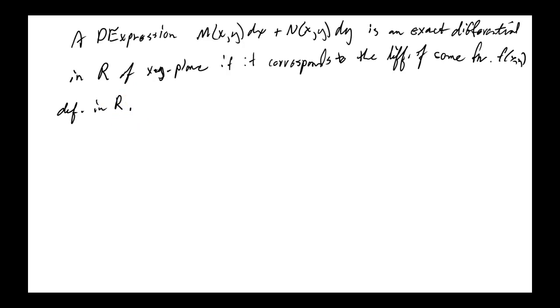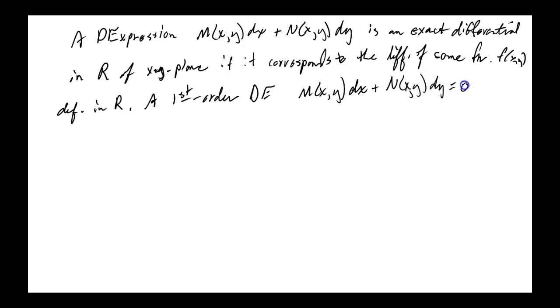A first-order differential equation of the form m of xy dx plus n of xy dy equals 0 is said to be an exact equation if the expression is an exact differential.